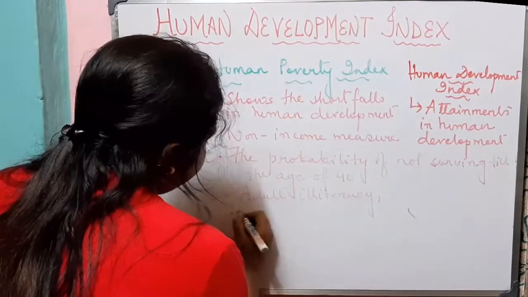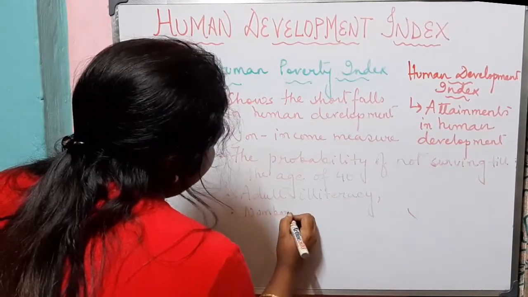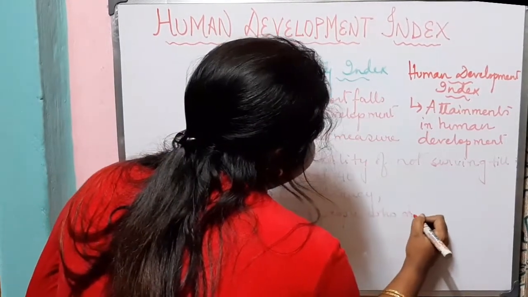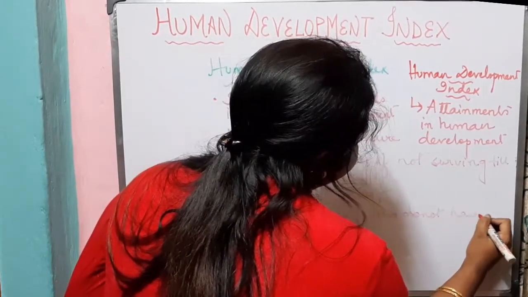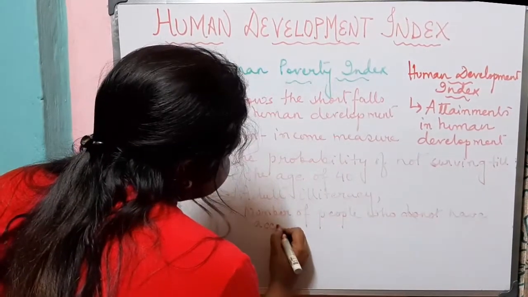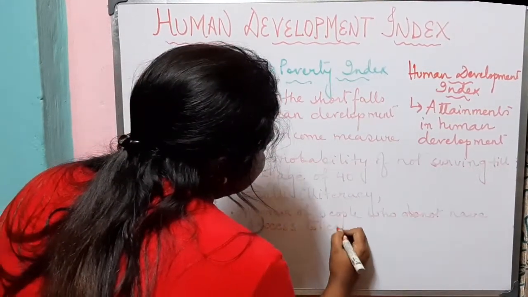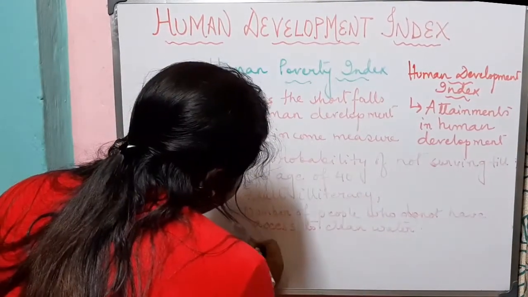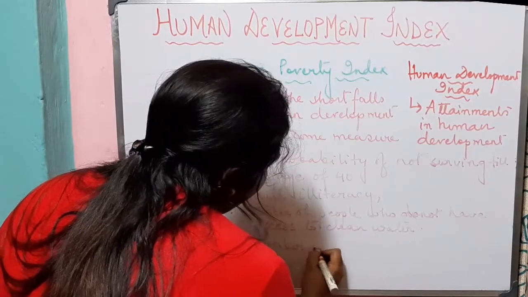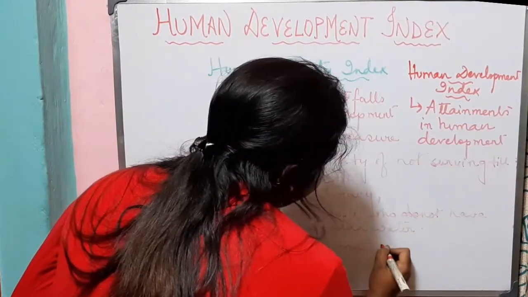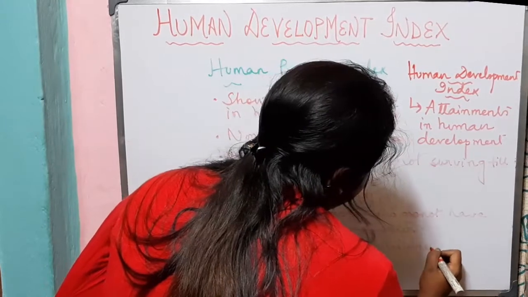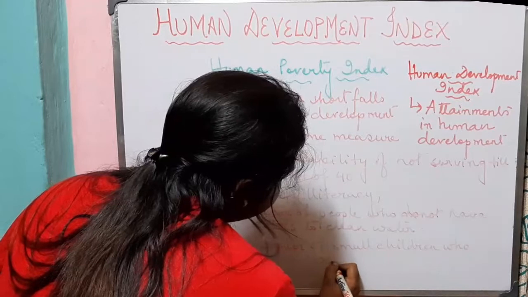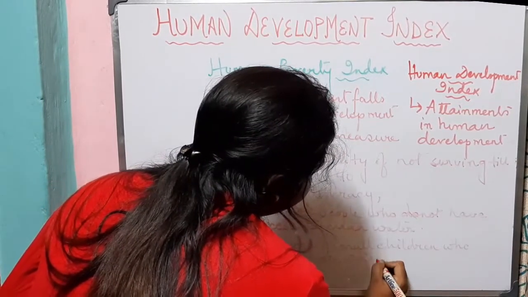It looks for the number of people who do not have access to clean water and the number of small children who are underweight.